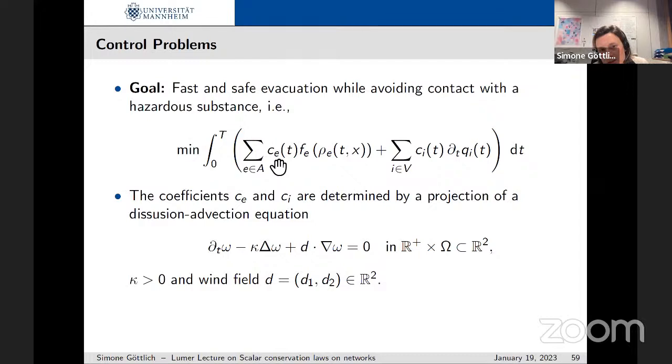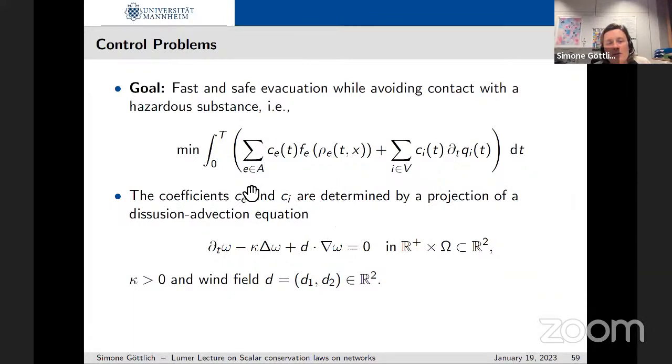And these coefficients are somehow costs that are determined by a projection of a diffusion advection equation given by this equation here. So we have a spread out of some hazardous material, and then we have given some wind field, some diffusion advection of this kind of substance, and that is spread over our domain.